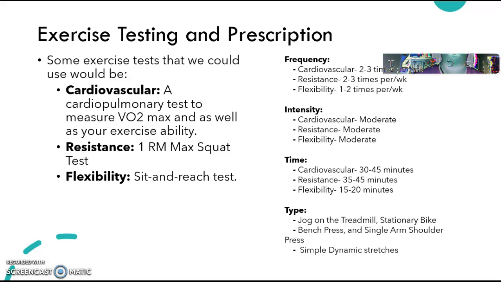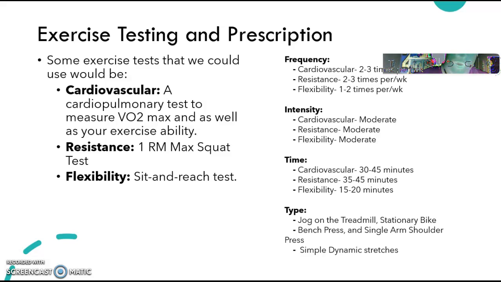All right, so for the amount of time, for cardiovascular, about 30 to 45 minutes per workout, per day. For resistance, I increase it by about 5 minutes, just to gain muscle mass and things like that, and flexibility for about 15 to 20 minutes before and after the workout.